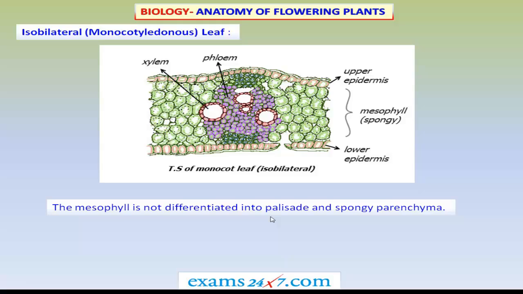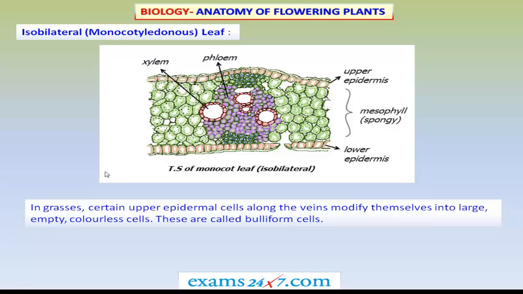In grasses, some of the upper epidermal cells along the veins modify themselves into large, empty, colorless, thin-walled cells. These are called bulliform cells. Bulliform cells are absent in dicot leaves. In the monocots, multicellular hairs are absent.